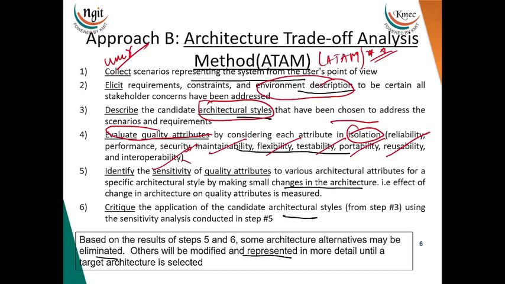Identify the sensitivity of quality attributes. Which quality attributes are very sensitive? These are attributes where making small changes in the architecture changes the overall quality of that attribute. For example, there is a user input: a username and a password.